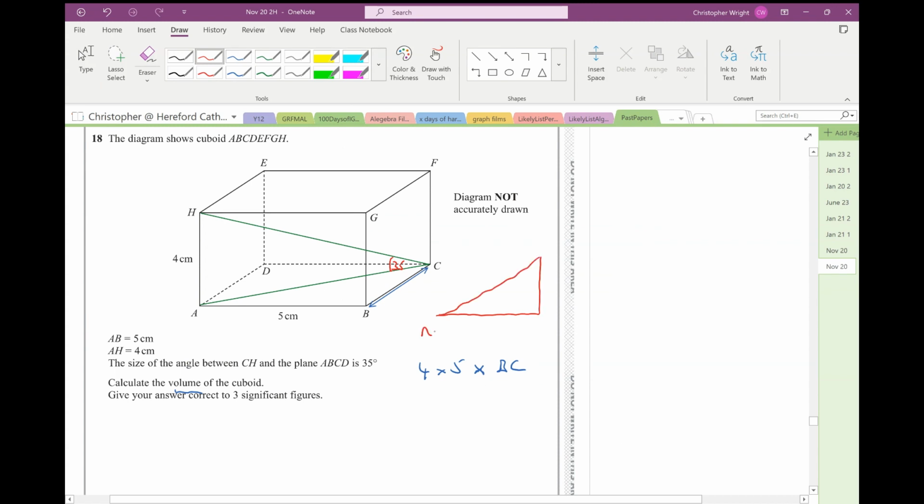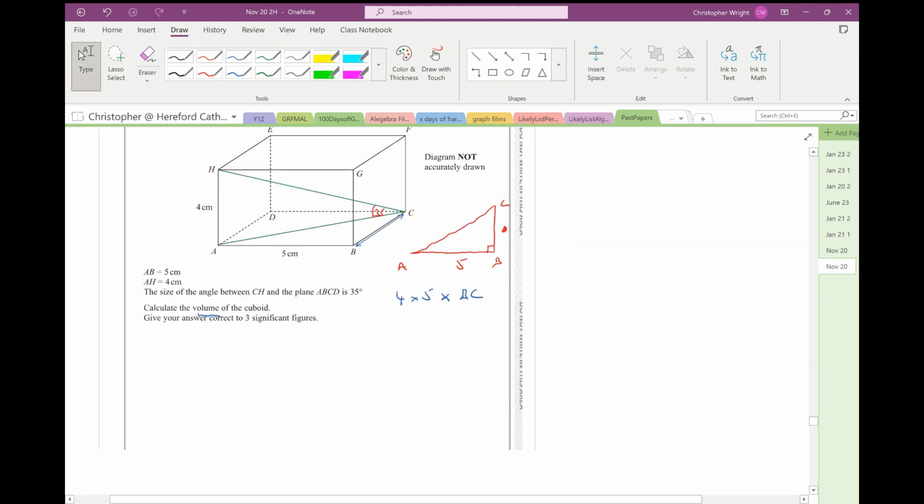Yeah, A, B, C. And I know that that's 5. I know that's a right angle because this is on the base of the cuboid, a right angle at B. And I don't know AC, which is a bit annoying, because if I did know AC, then I could find BC using Pythagoras, couldn't I?